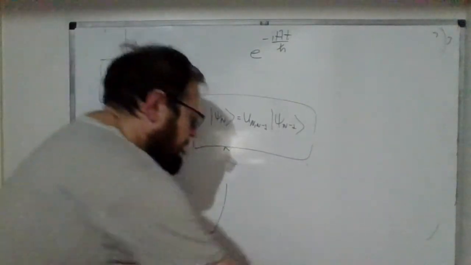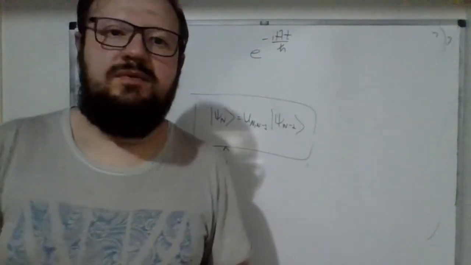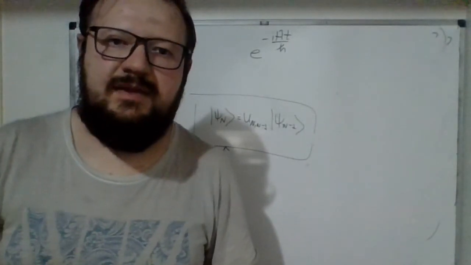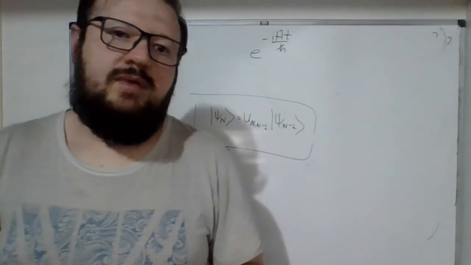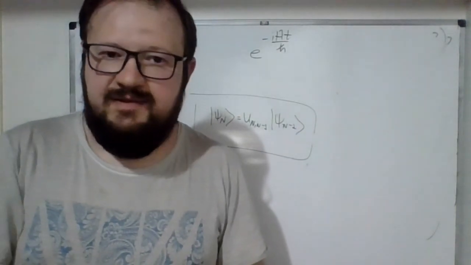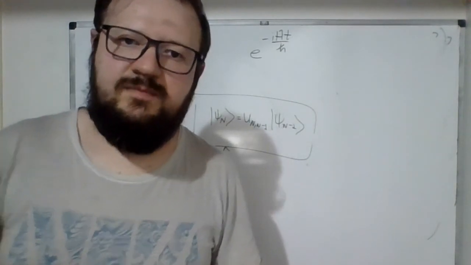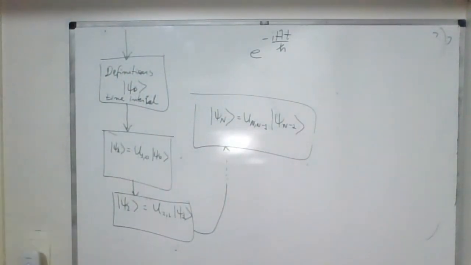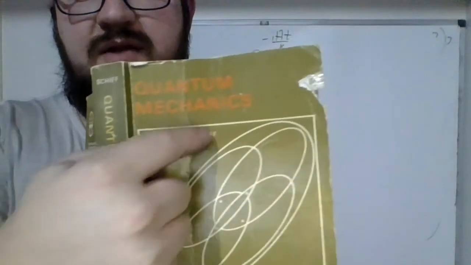All right. Well, you can apply this to the problem of a Gaussian wave packet and the tunneling problem, which is a rather involved problem if you want to solve it analytically, but numerically it's a very easy problem to do. I will recommend this book, Quantum Mechanics by Schiff.